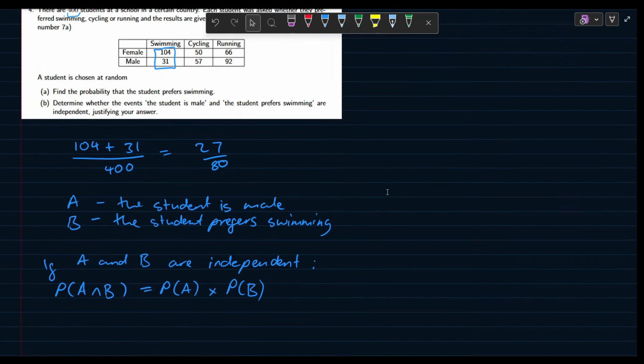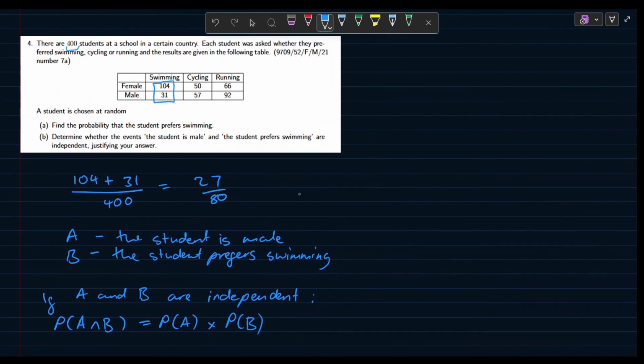So let's start with the intersection. That's the student is male and prefers swimming. So if we go to our table here, the student is male and prefers swimming is this cell in our table. So probability of A intersection B is going to be 31 out of 400.